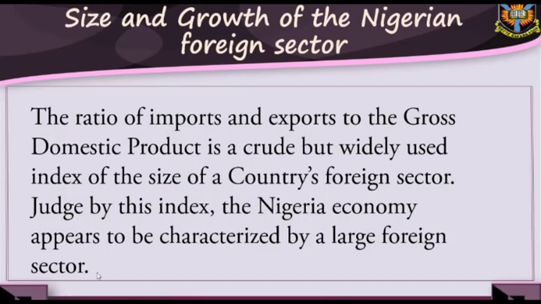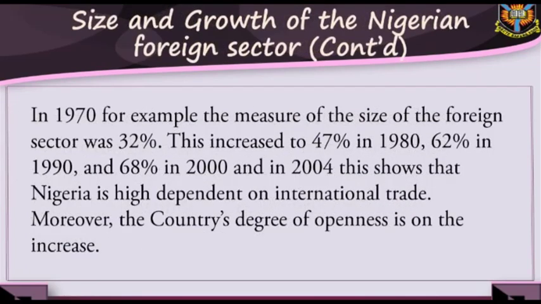In 1970, for example, the measure of the size of the foreign sector was 32%. This increased to 47% in 1980, 62% in 1990, and 68% in 2000, and in 2004. This shows that Nigeria is highly dependent on international trade.